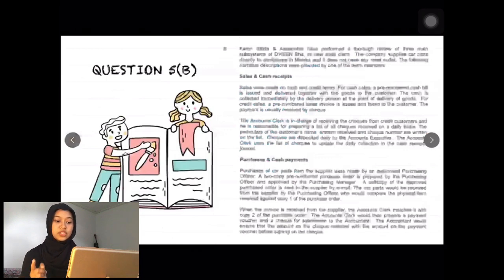The account clerk is in charge of receiving the checks from credit customers and he is responsible for preparing a list of all checks received on a daily basis. The particulars of the customer's name, amount received, and check numbers are written on the list. Checks are deposited daily by the account executive and the account clerk uses the list of checks to update the daily collection in the cash receipt journal.